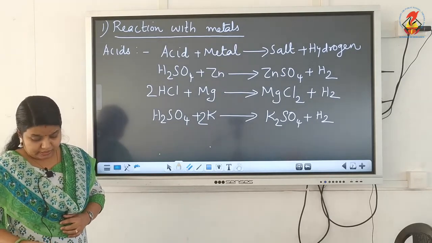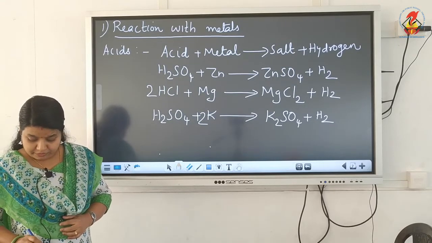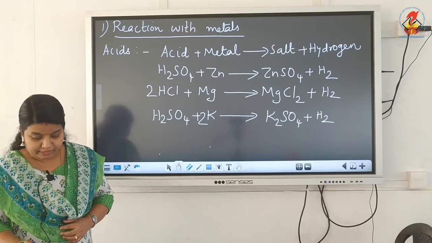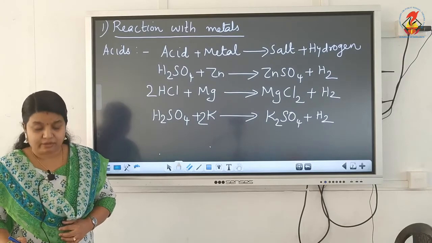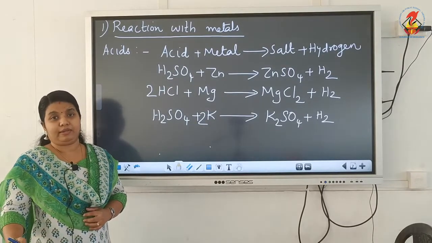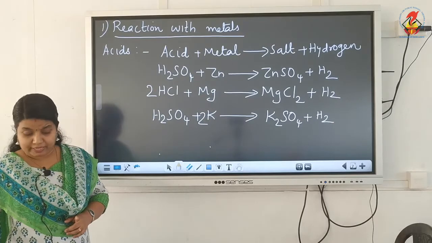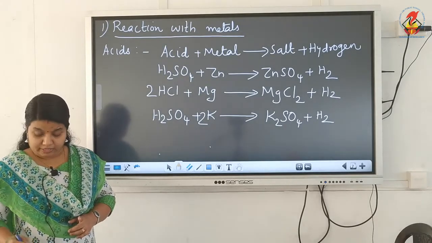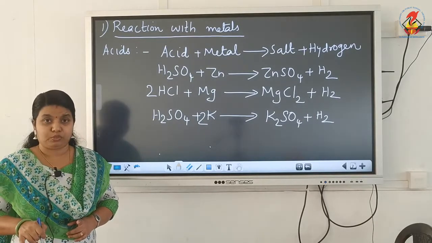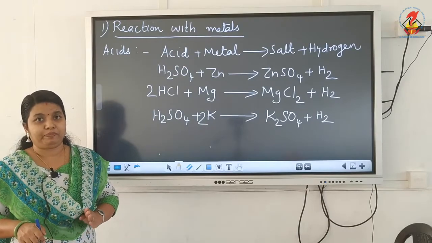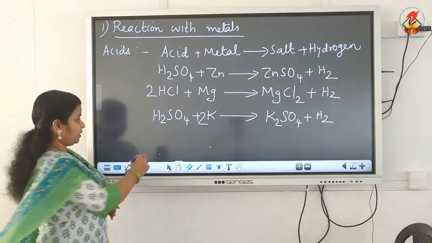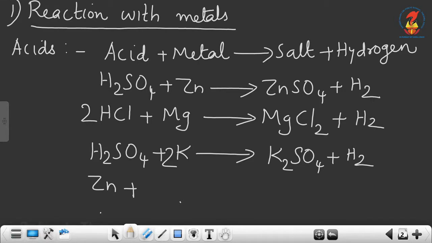In that context, you have to learn activity 2.3 and figure 2.1 from page number 19 in your NCERT textbook. That is actually the reaction between zinc granules and sulfuric acid.